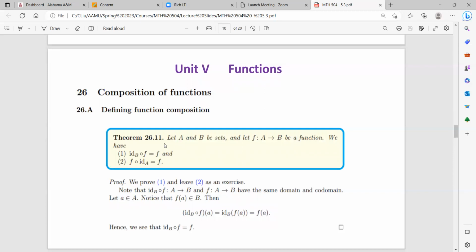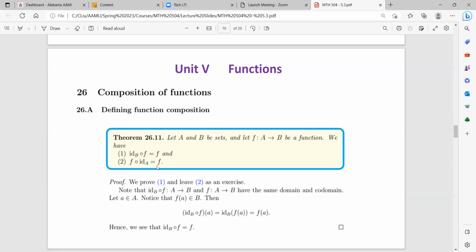If you have an identity function and another function, obviously the composition of the identity function with another function is just that function itself. It's pretty easy to understand, but it's also easy to prove. Suppose we have two sets A and B, and a function f from set A to set B. If you compose the identity function on B with f, you get f itself, and if you compose f in the front with the identity function on A, you get f also.